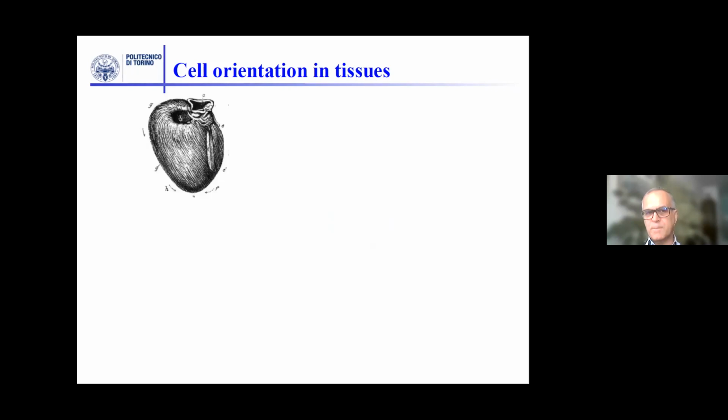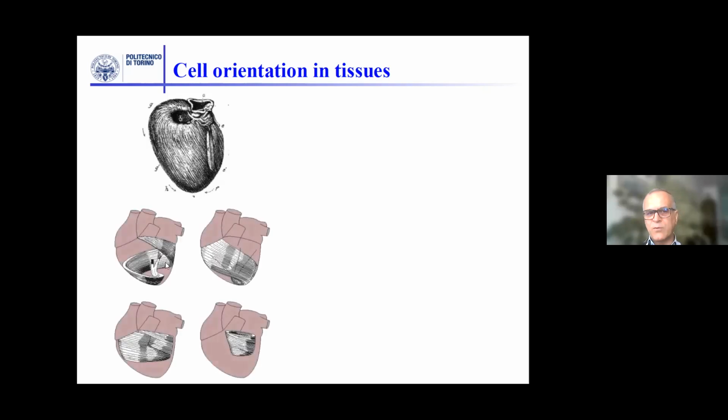So the cells that make the heart need to be well coordinated and oriented so that when they contract, you have a pushing that is effective. Okay, and the direction of these cells differs depending on where you are, and also on how deep you are in the tissue.